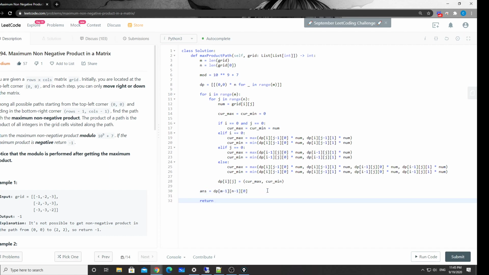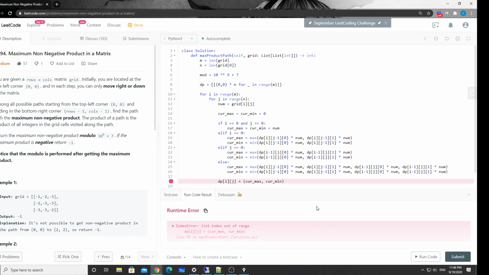Like I said, we need to return -1 if the answer is smaller than 0. Else we do answer mod by the mod here, right? I think this should just work. Let's try to run the code.